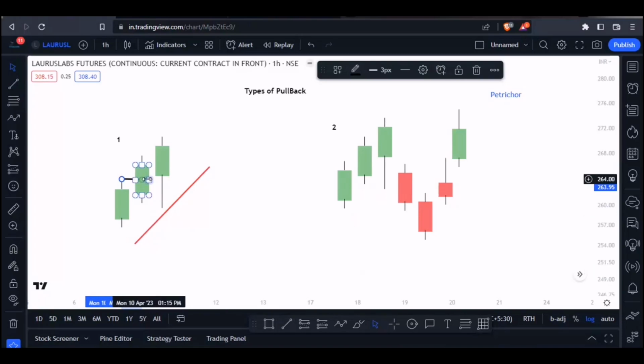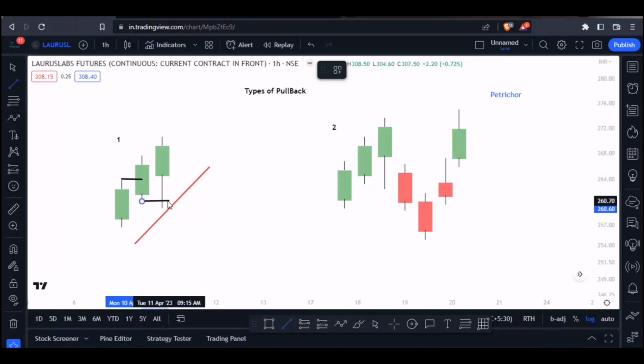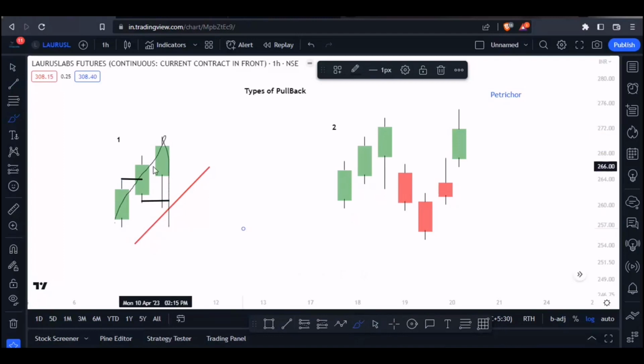So what we have to do is wait for the pullback to happen. Next, see in the third candle, the second candle's low was broken. So we have to mark this as a pullback. This is how we draw it. This is the basic thing we have to identify in the pullback.